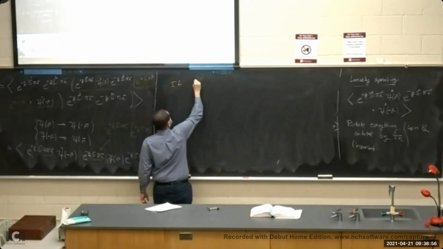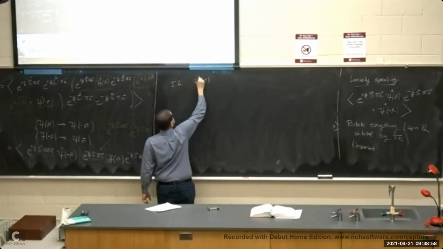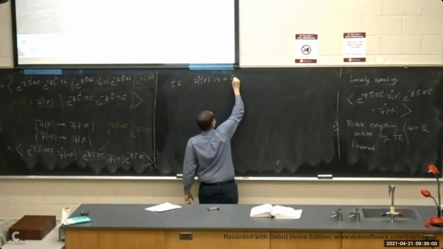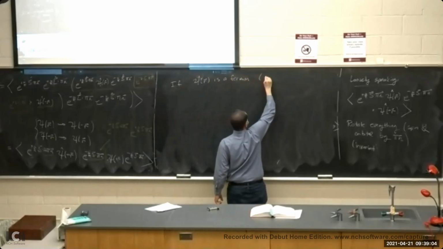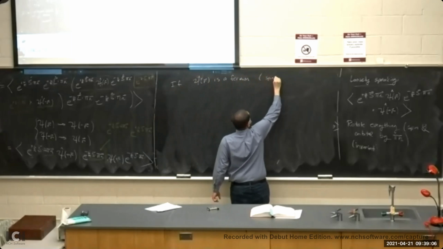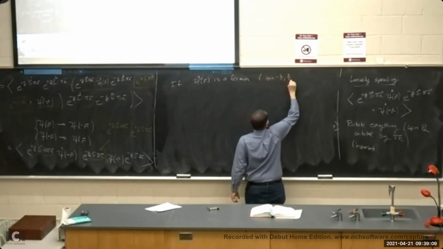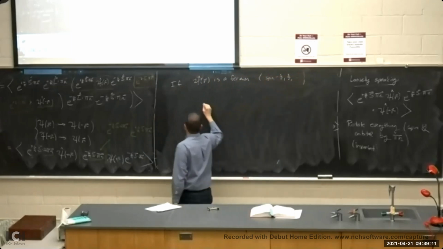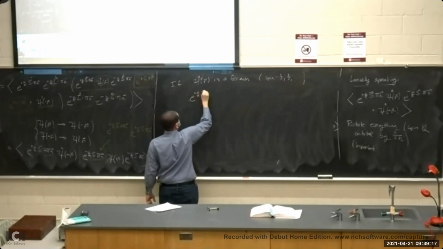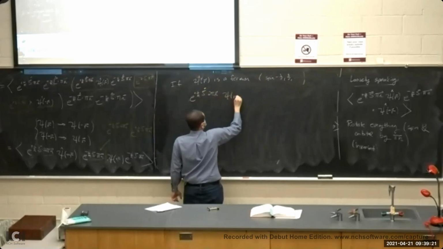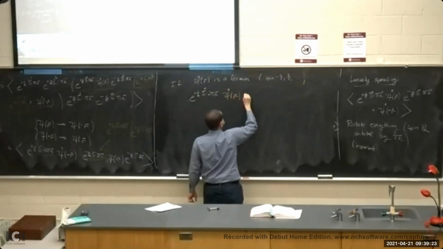So if the field psi of r is a fermion, meaning spin 1/2 or 3/2, some half integer spin, then that means when I have this rotation operator, e to the plus i over h bar S dot 2 pi n, acting on psi of r, I'm just rotating the spin parts.